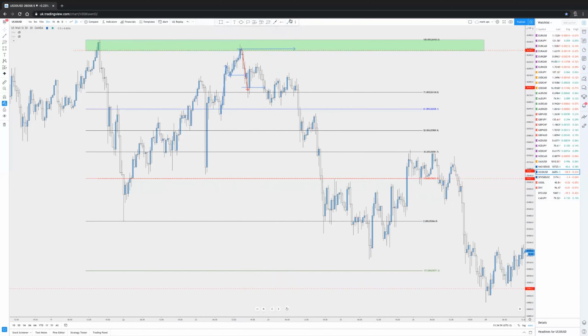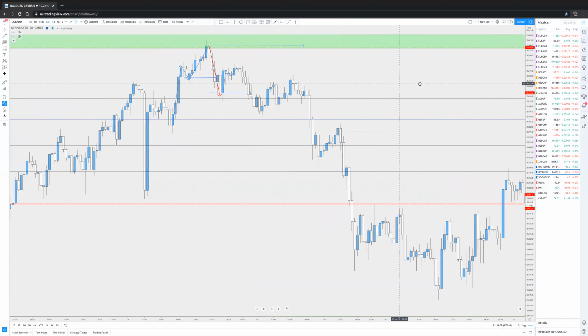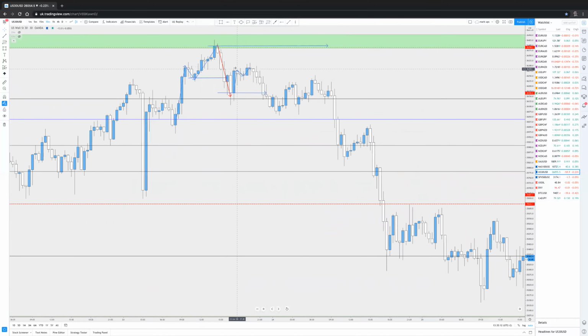And then obviously we had our pullback, and I understand this is a pullback. So we came up into this area, let me zoom in a bit, into this area of resistance based off of this bullish candle over here, and then you can call that a level of resistance being tested and so forth.